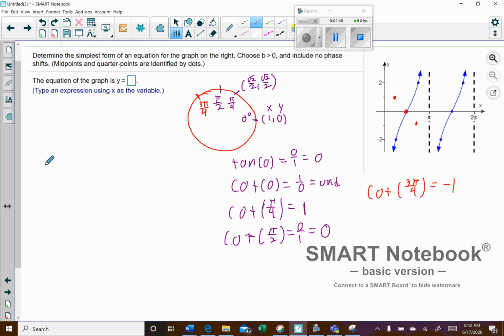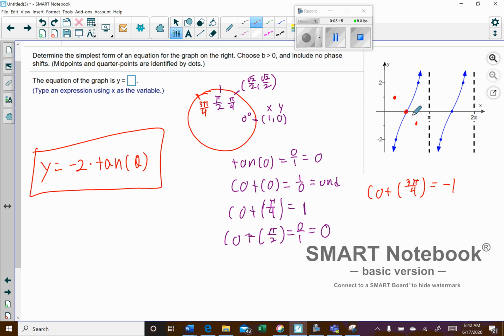So what we're looking at is y equals -2 times tangent of theta, and that should be it right there. The negative causes it to reflect, and the 2 is causing it to stretch vertically.